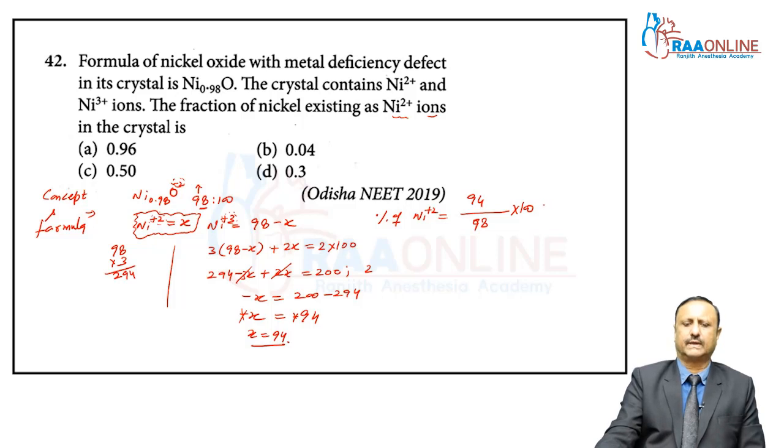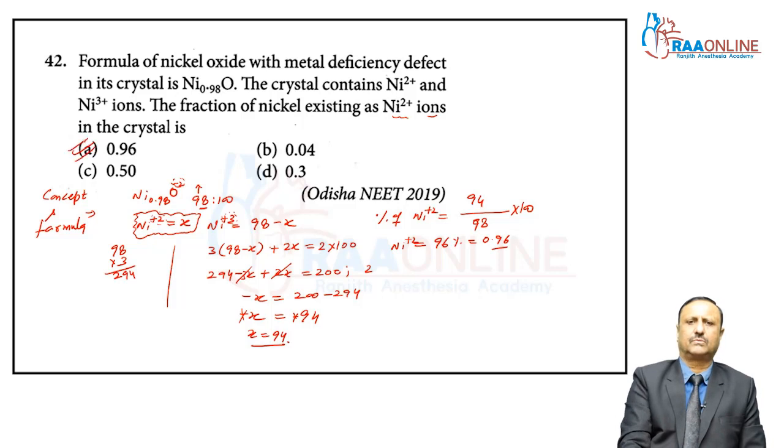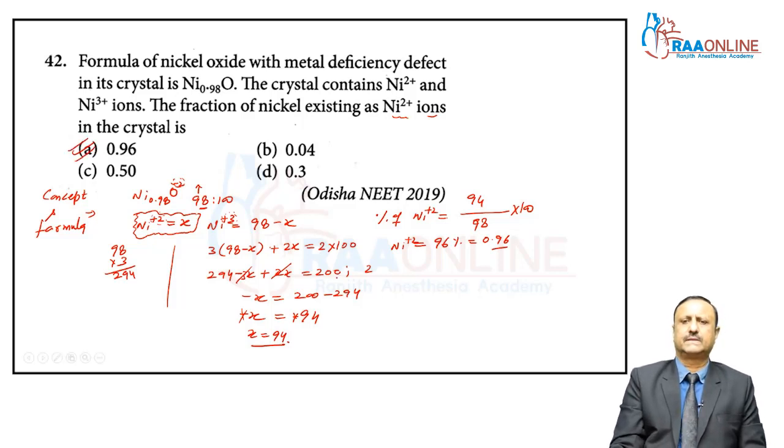So, my dear students, you get 96% Ni plus 2 present, or you can say 0.96. So, your answer is A, question number 42, and the remaining is Ni plus 3. So, Ni plus 3 equals 4%.